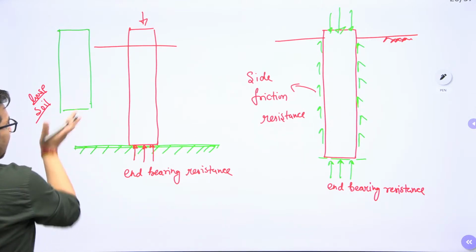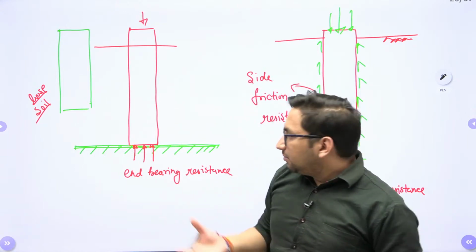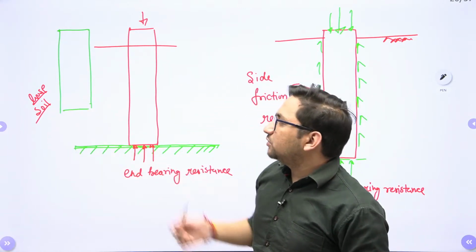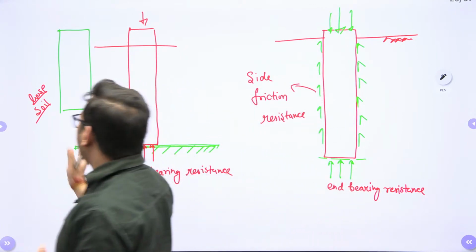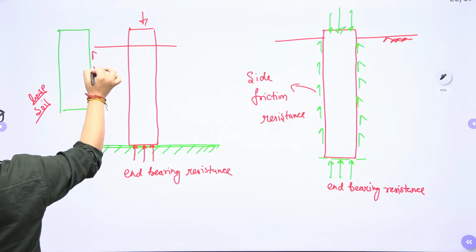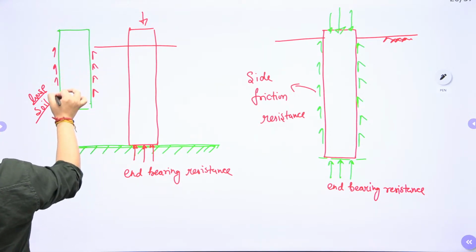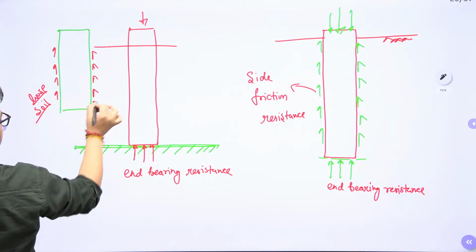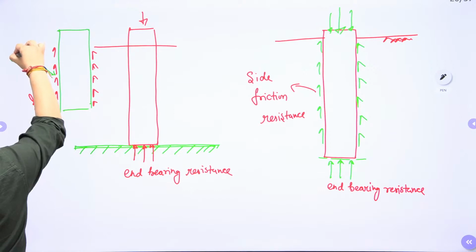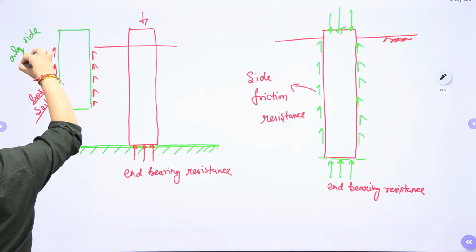There may be some end bearing resistance, but its value will be very less as compared to the side friction. So in that case, we generally neglect the end bearing, and it means in this type of pile, there will be only side friction resistance.